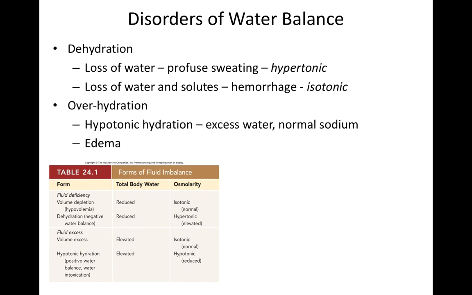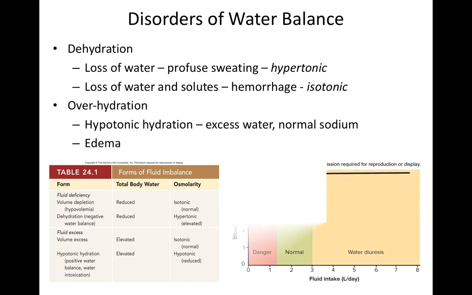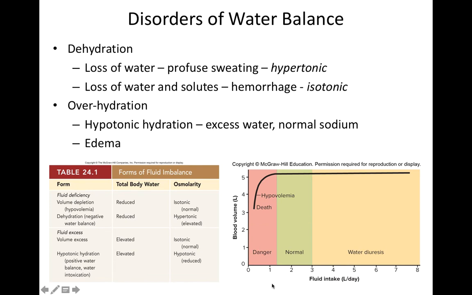Overhydration is very, very difficult, and that is due to the fact that your kidneys work extremely well. So here we are looking at fluid intake versus blood volume. Okay.